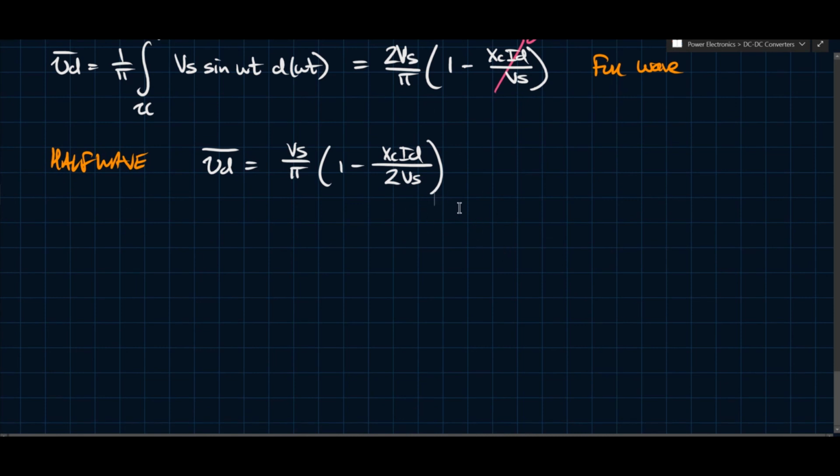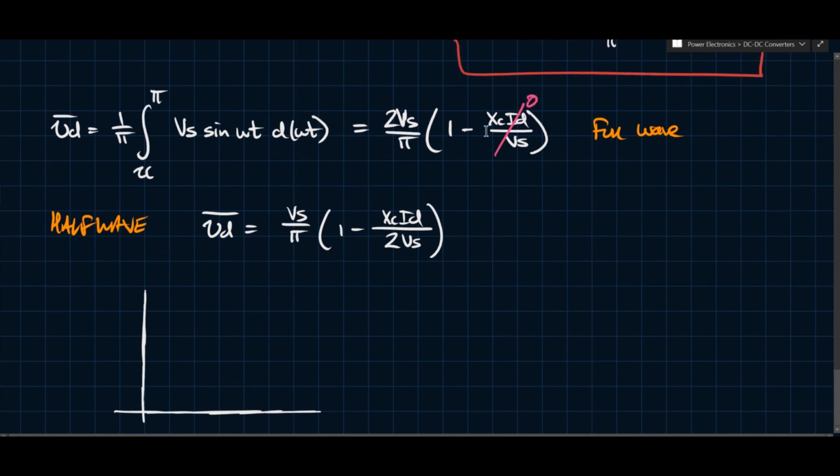What this means is that, well, it's not that it's not good, it's one downside to the full wave, if there is any, because the output current and output voltage are related in a stronger relationship here.